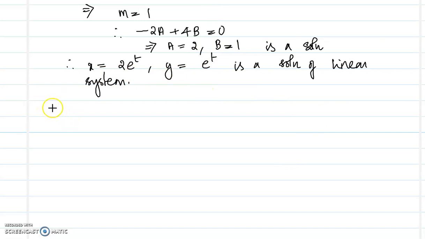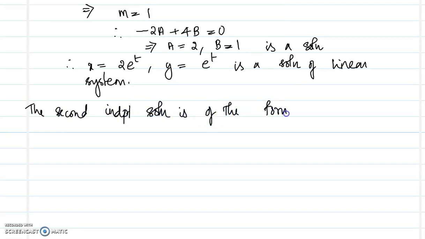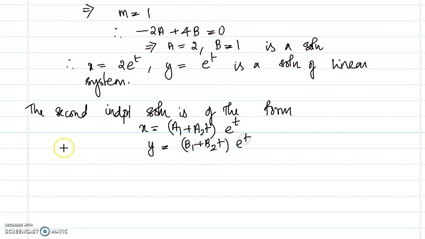Now let us find the second linearly independent solution. The second independent solution is of the form x equal to a1 plus a2t, and since m is 1, e raised to t comes, and y will be b1 plus b2t e raised to t.